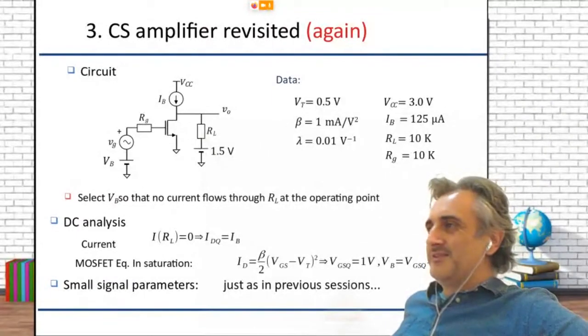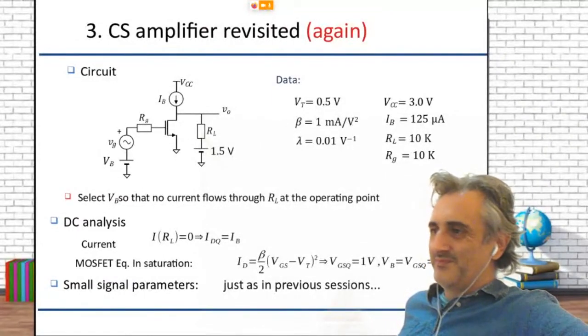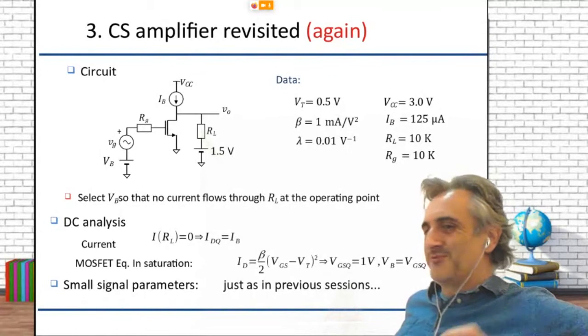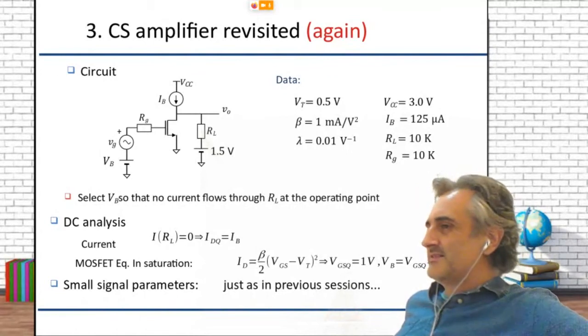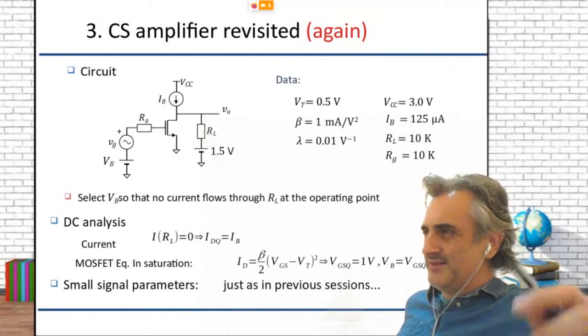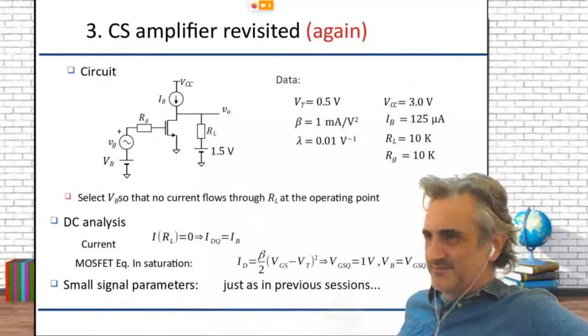Okay, let's go back to the common source amplifier again. But let's do things a little bit more complex, more funny. This is just something you already know how to design because we have done it, I think, twice or thrice.